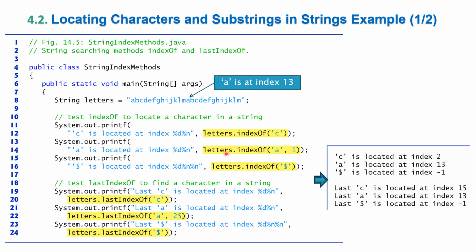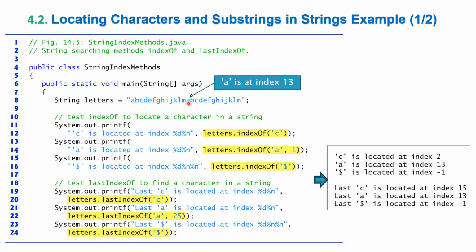The second call uses the 2-argument version of the method indexOf. It passes the character little a as the first argument and number 1 as the second argument. So this method call returns the first occurrence of letter a from index 1 of the string letters.